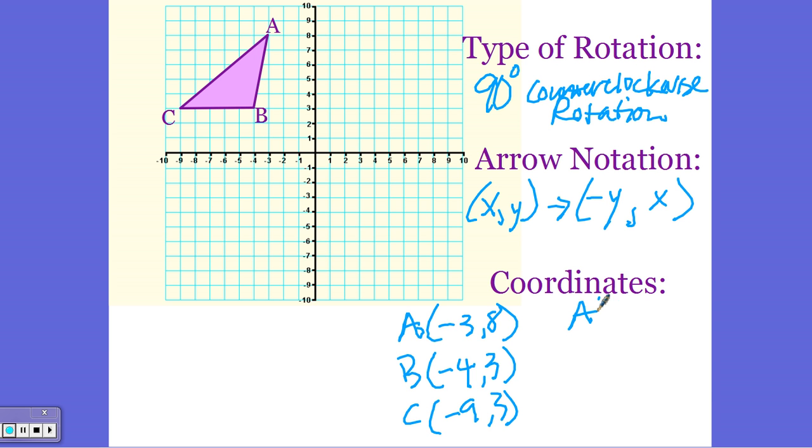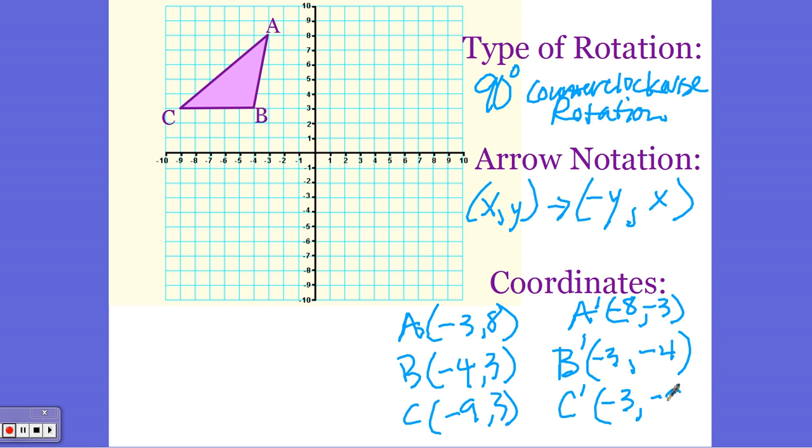That means that A prime, first value is now second with no sign change. Second value is first with a sign change. Again, -4, 3 becomes -3, -4. C prime, negative 9, 3 now becomes negative 3, negative 9.